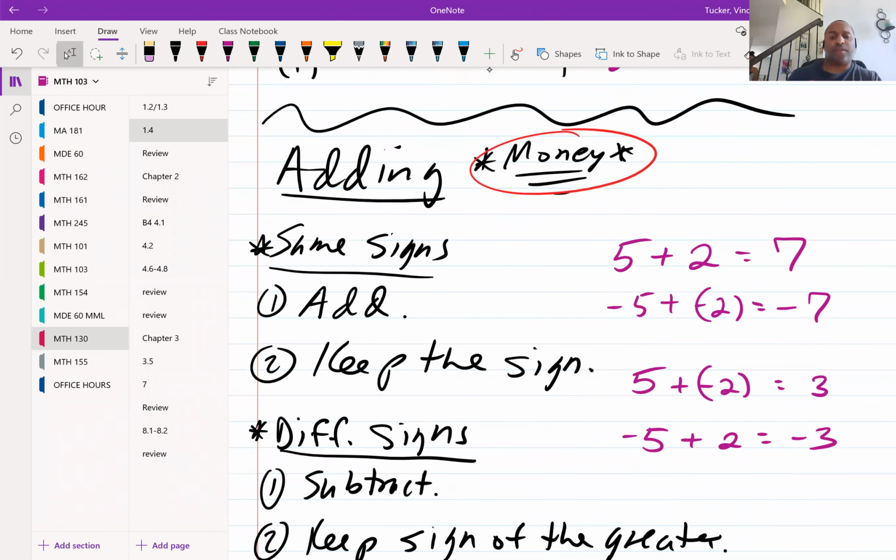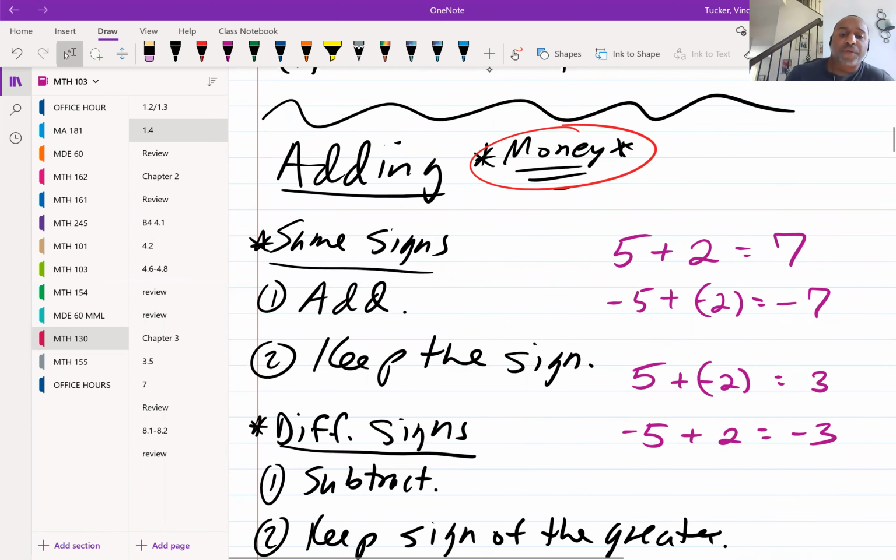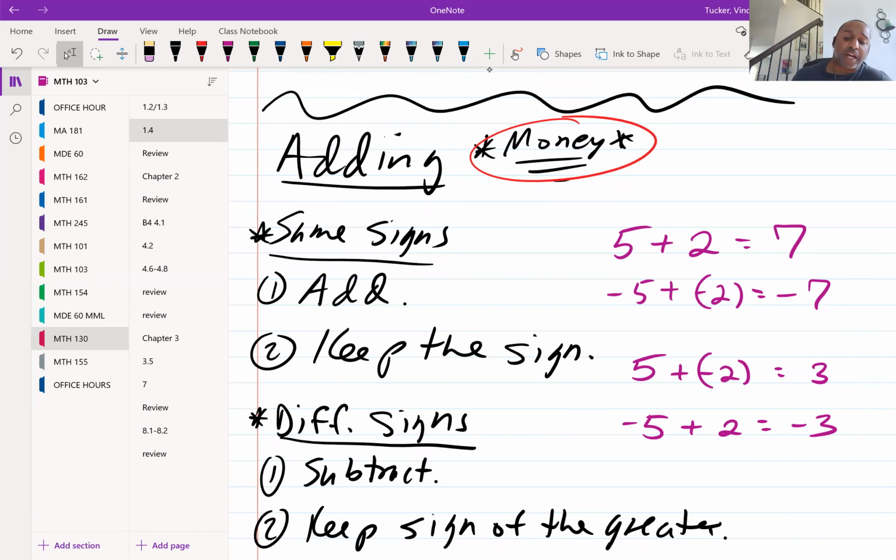So addition. When it comes to addition and subtraction, you can think about your money. So first, when you have same signs, you add the numbers and then you keep the sign. If you have different signs, you subtract and keep the sign of the greater, which alludes to what your classmate just mentioned. So in other words, if I have $5 in my account and I add $2, I have $7.